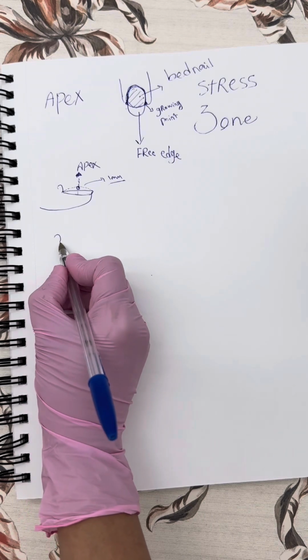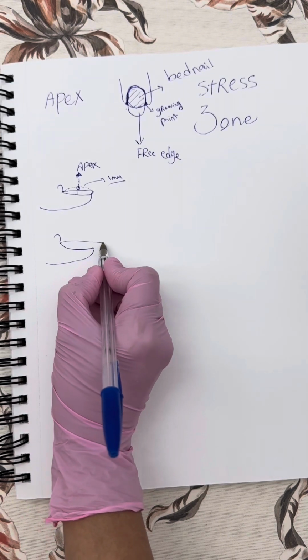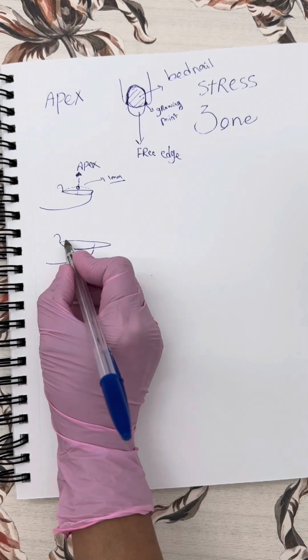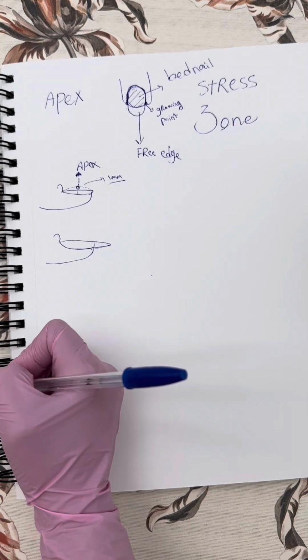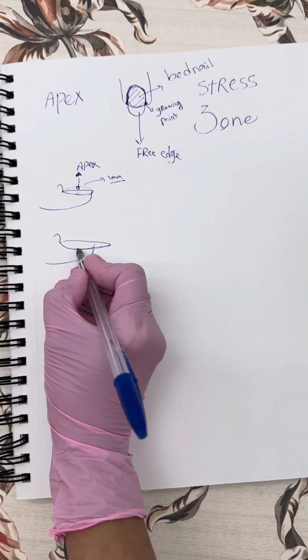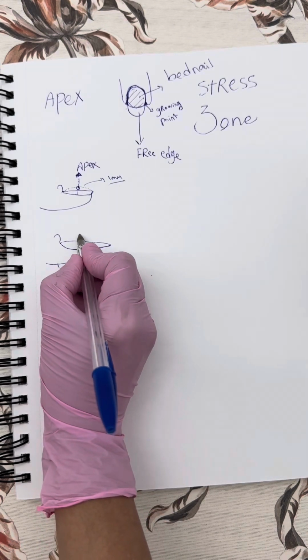So now we talk about nails where here is the nail bed, and here is the free edge. The whole thing is natural nail, not extension. So what's going on? Apex is still in the middle of the nail bed, so it's here.